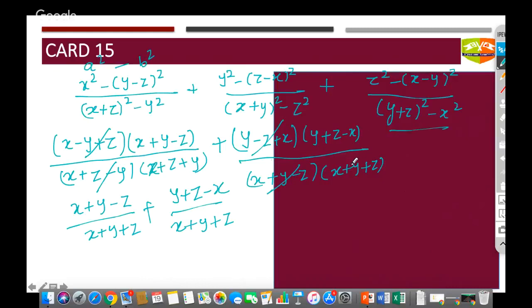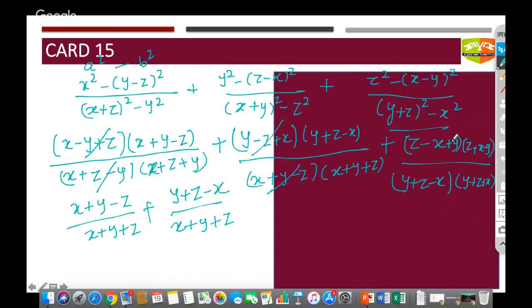Now this also can be written as (z − x + y)(z + x − y), and here it can be written as (y + z − x)(y + z + x).